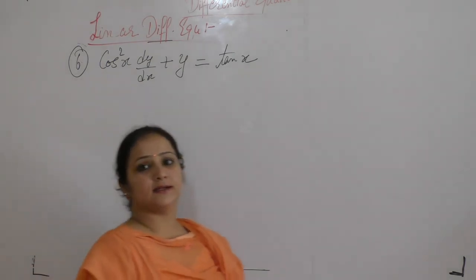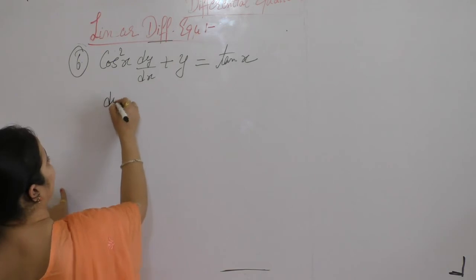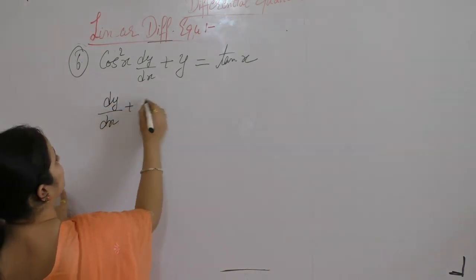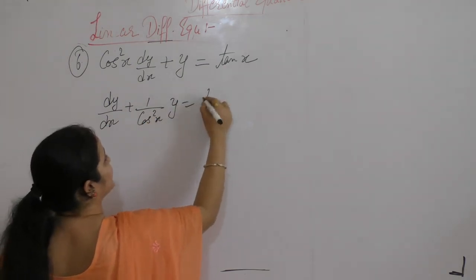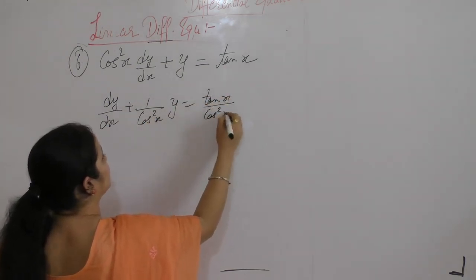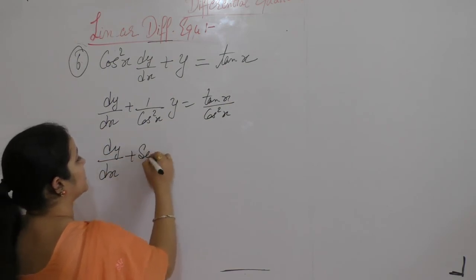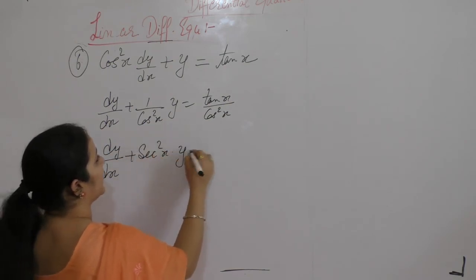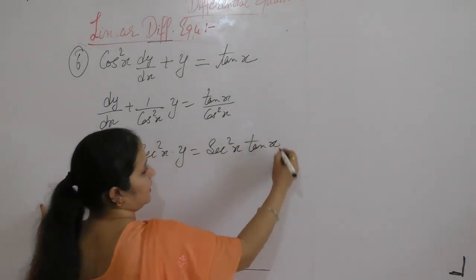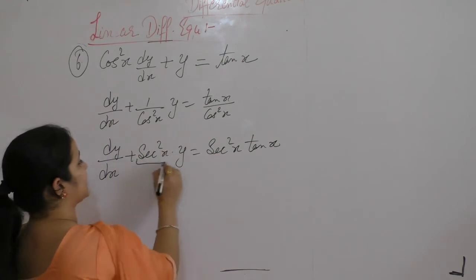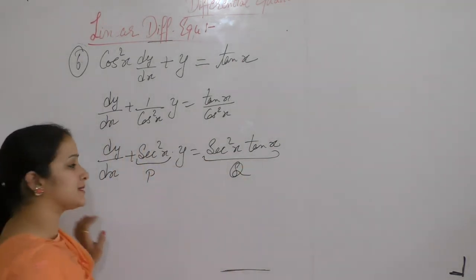Now first, make the coefficient of dy upon dx unity by dividing by cos square x. 1 upon cos square x into y, tan x upon cos square x. 1 upon cos square is equal to sec square. So sec square x into y, sec square x tan x. Now p is sec square x and q is sec square x tan x.